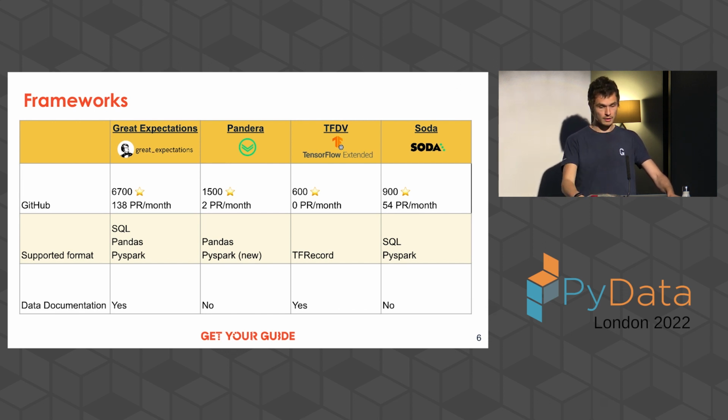Then you also have a very big one, TensorFlow Data Validation, which is part of the TensorFlow Extended ecosystem. And actually I was pretty surprised that it's not very active currently, and does not have that many stars. I was expecting a bit more, but it's pretty interesting, and I think that's one of the first ones.